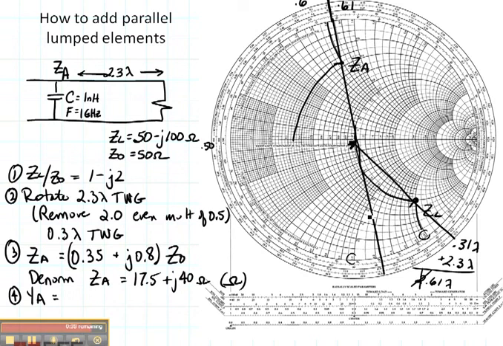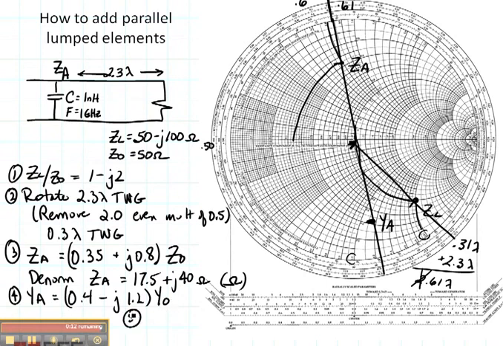Mark my point right here, mark my other point right there, and this is the value YA. So I'm going to read YA, which has a real part right here of about 0.4, and an imaginary part which is negative j about 1.2. In order to get that in mhos, I need to multiply by Y0, which is 1 over Z0.